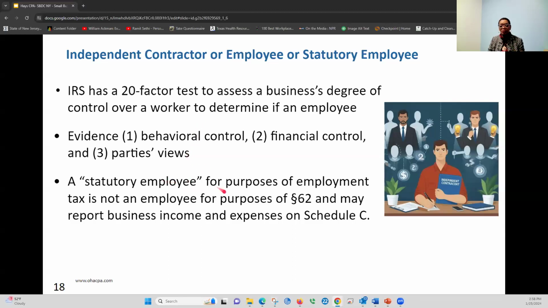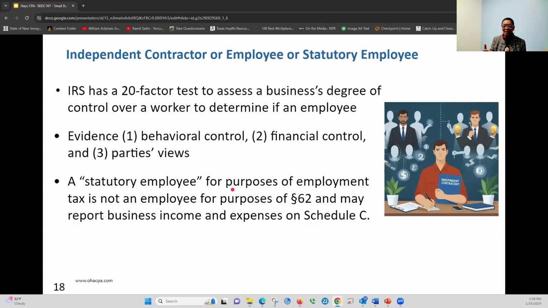The statutory employee is where you have an employee who is working kind of independently, but they are classified as a statutory employee. When the tax law changed with the TCJA a couple of years ago, employees can no longer pretty much take any deductions.